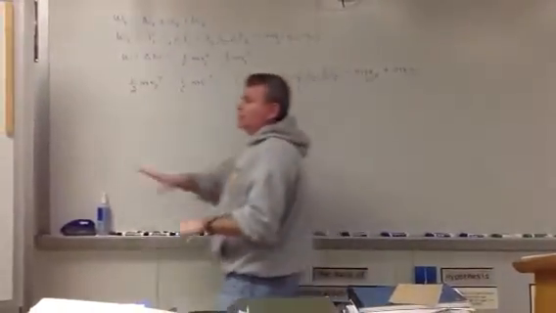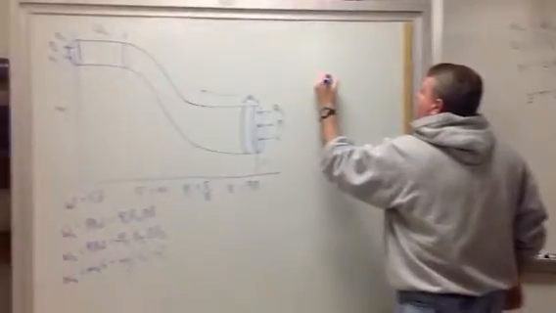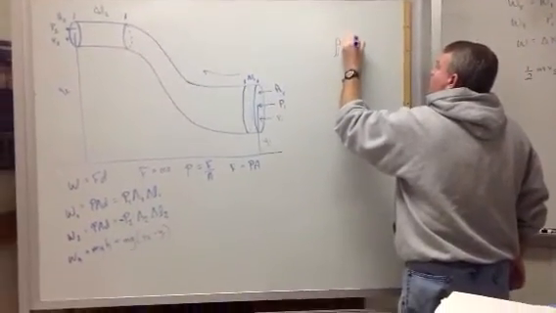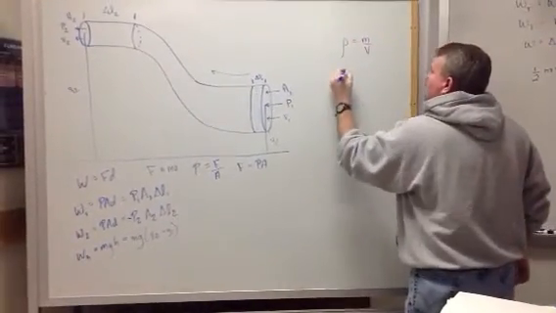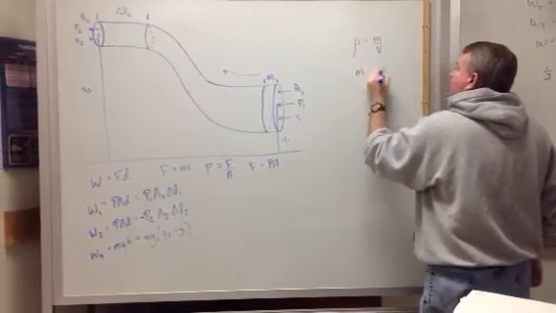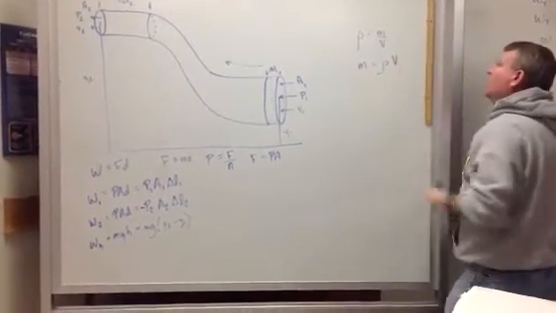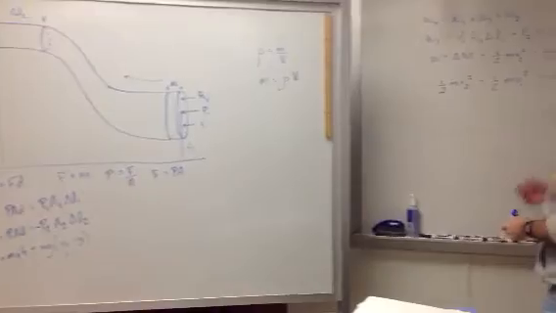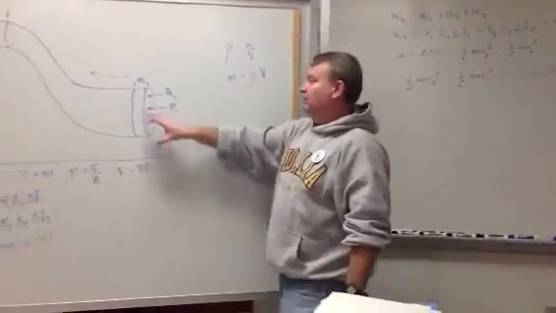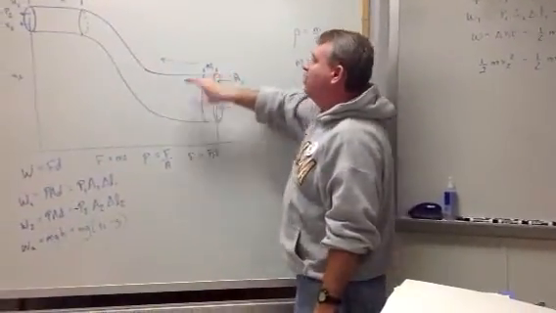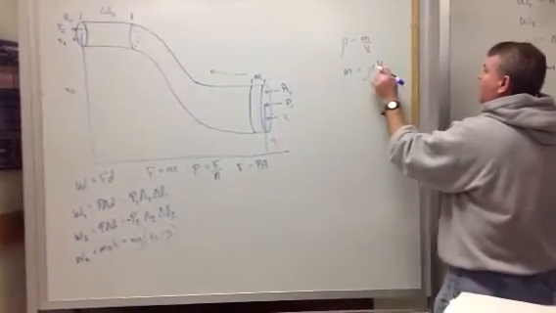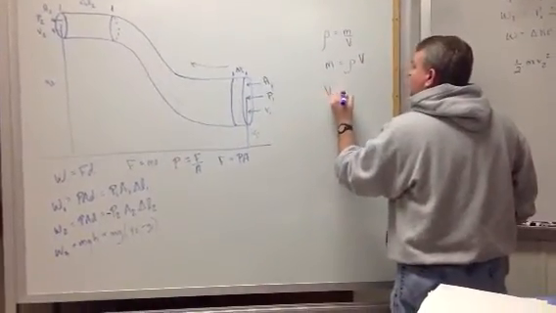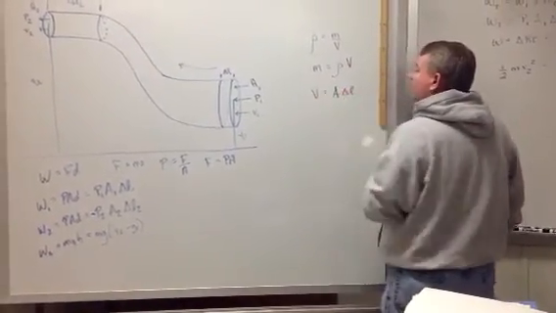We know that density is equal to mass over volume, so mass is equal to the density of a fluid times volume. Now we're going to use density 1 and density 2 right now because we're going to call this area 1 and area 2. Volume, we know, is equal to area times change in length.